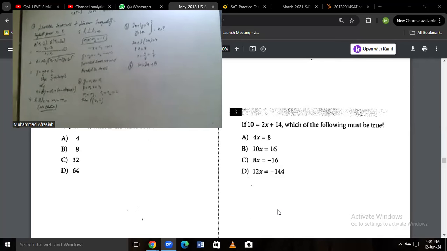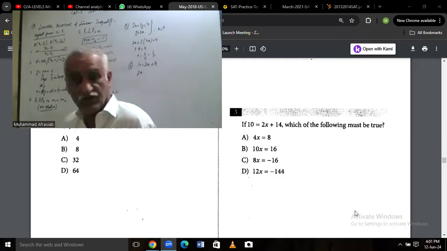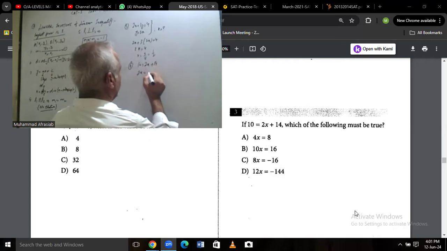If 10 is equal to 2x plus 14, which of the following must be true? So 10 is equal to 2x plus 14. So 2x is equal to 10 minus 14, which is minus 4.